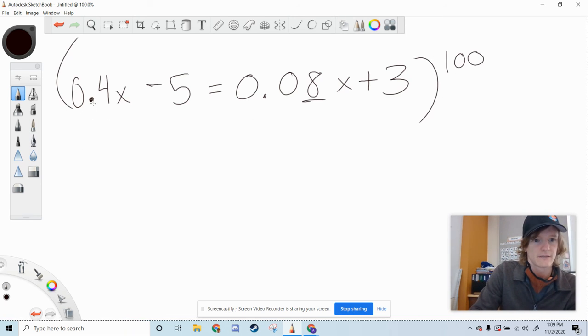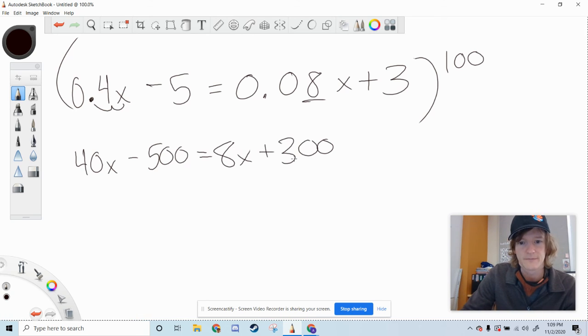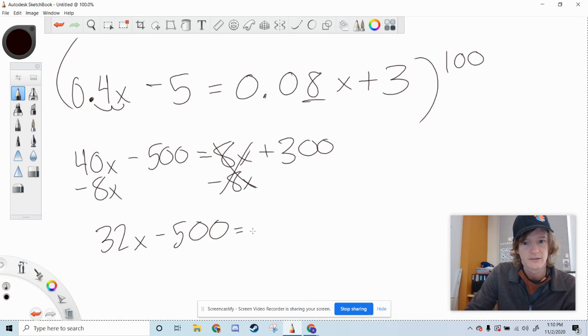This moves over 2 times, so I have 40x minus 500 equals 8x plus 300. Subtract 40x or subtract 8x? Well, let's subtract 8x. 40 minus 8 is 32x minus 500 equals 300.